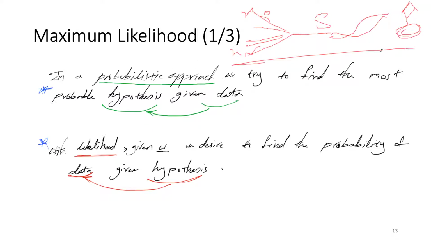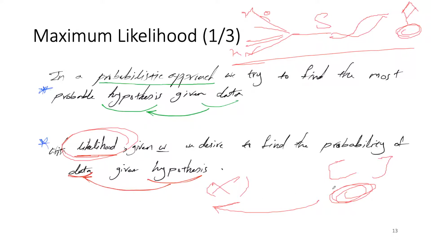This is the classic prediction method. In likelihood, we go back from that prediction, right? So our desire is to find the probability of data given a hypothesis. So we go back and find the probability of the data that generated that specific output of the hypothesis. Okay?